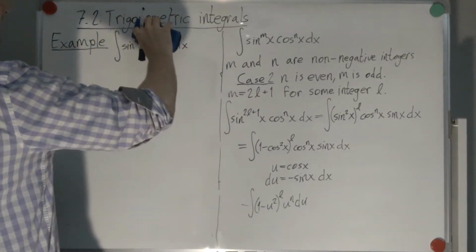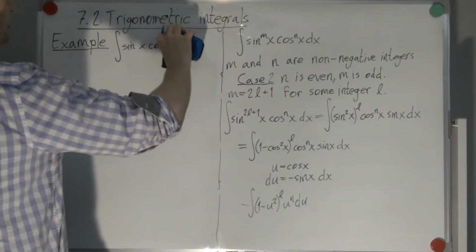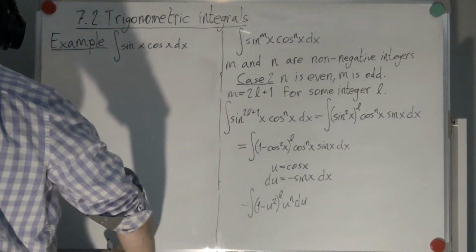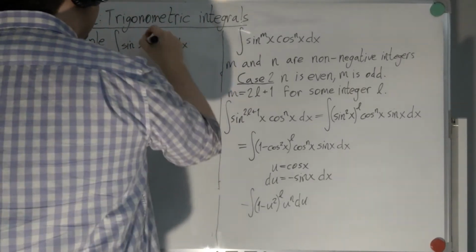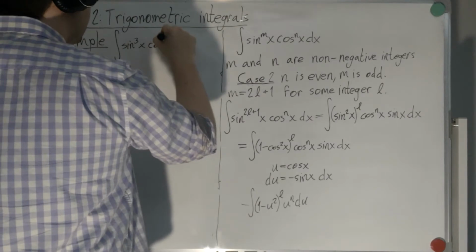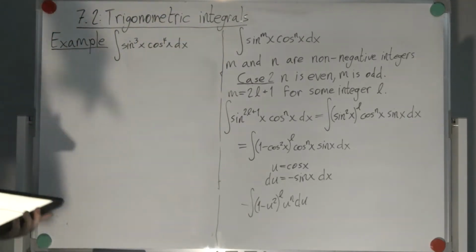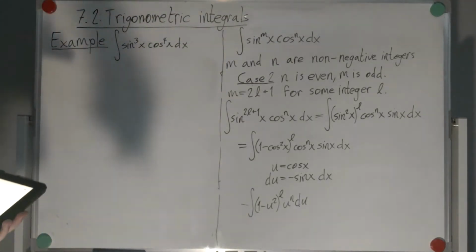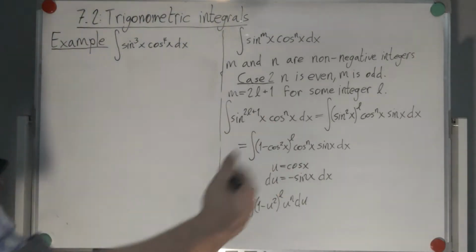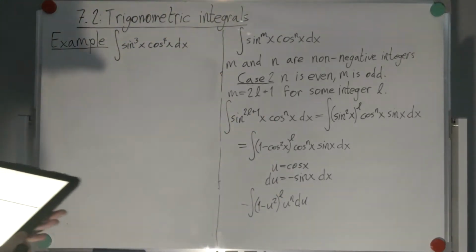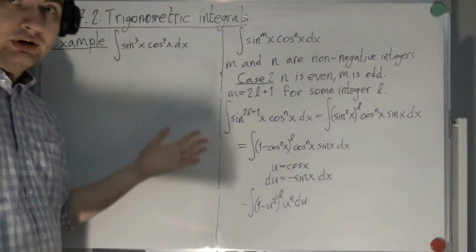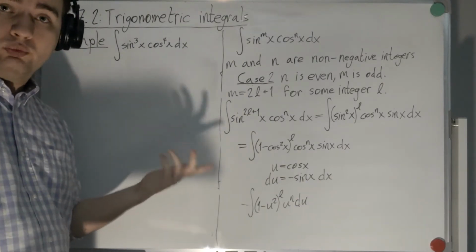So let's say this is now, instead of sine to the fourth cosine to the fifth, it is sine cubed cosine to the fourth. Now then, once again, we can say 3, which is an odd number, is 2 times 1 plus 1.